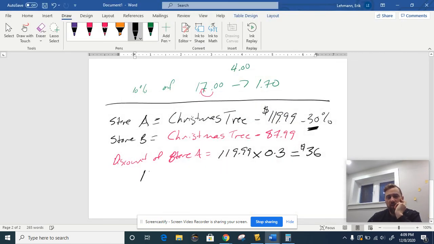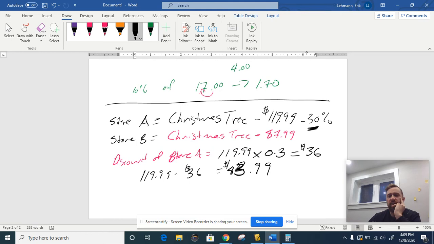Now we go 119.99 minus $36, and we get $84. Well, actually, that's not quite true. We get $83.99.